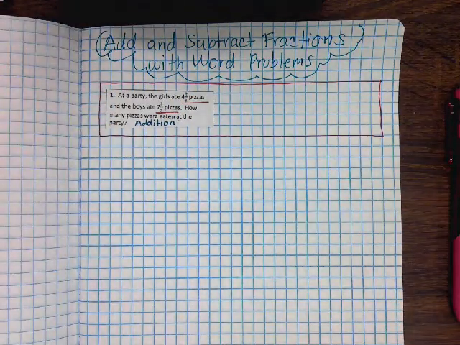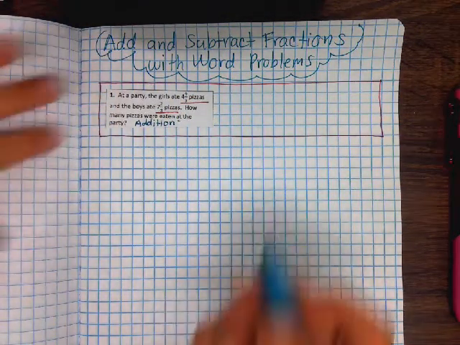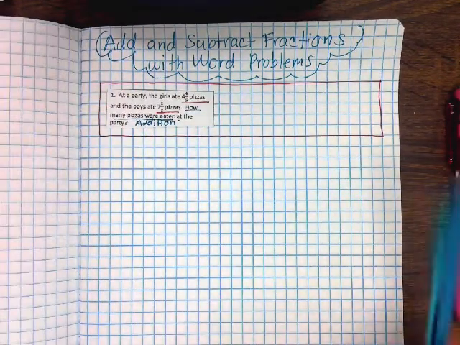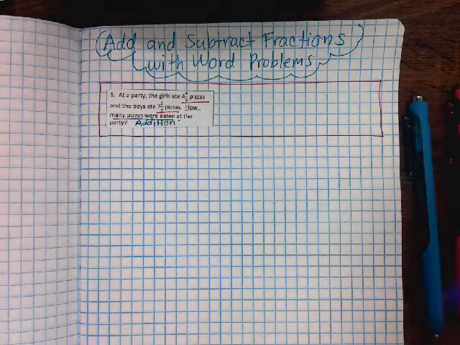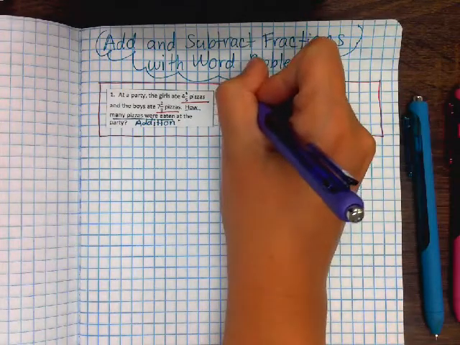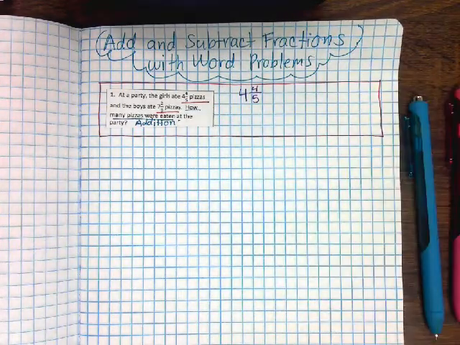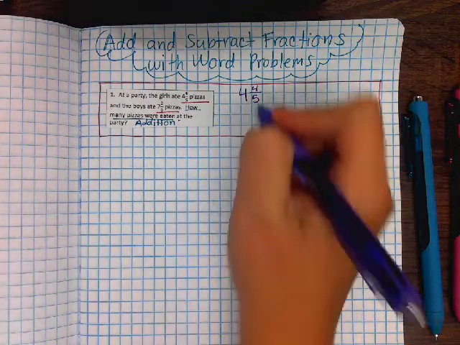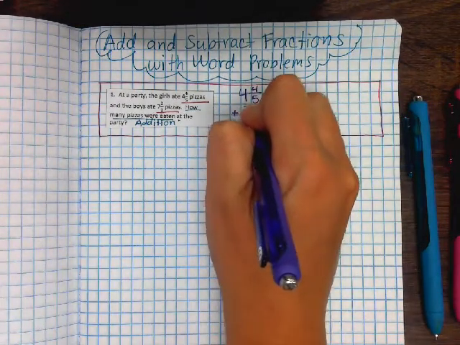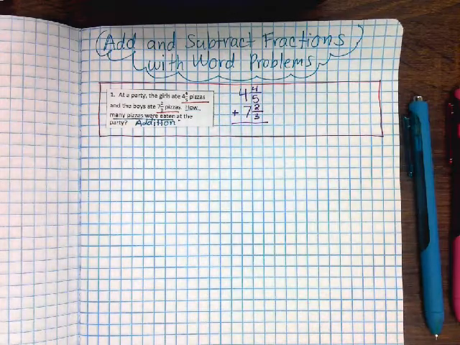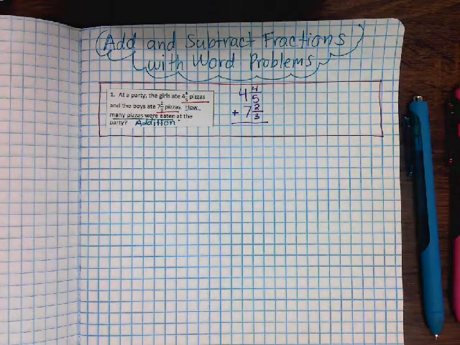Even though it doesn't say those words all together, it says how many pizzas were eaten. Okay? So we are going to add. We are going to take our 4 4/5, and we are going to add our 7 2/3.